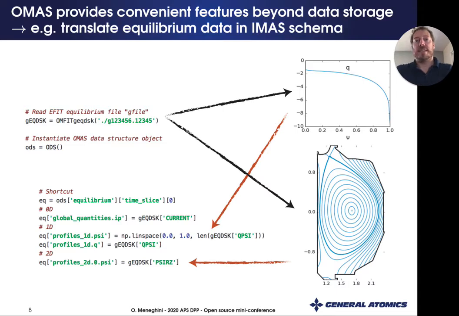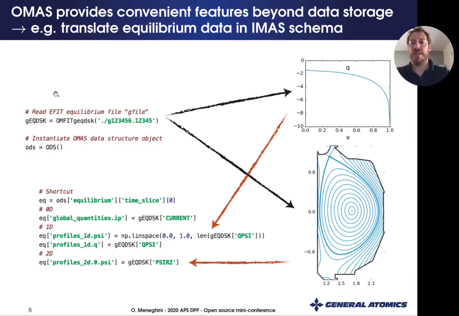OMAS provides, as I said, convenient features beyond data storage, and here I just want to give an example to guide you through what such features are. Let's pretend, for example, that we want to translate some legacy equilibrium data to a format compatible with the IMAS schema.